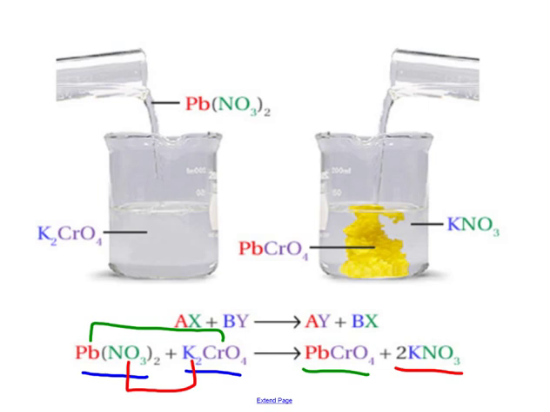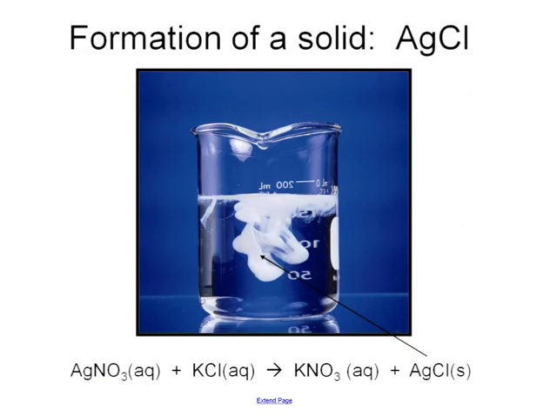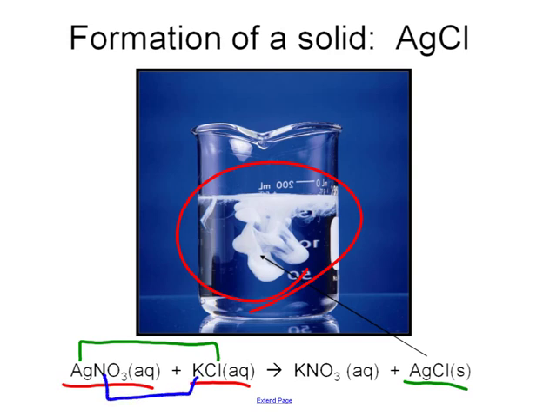In this case, we can clearly see a bright yellow precipitate, nice and poisonous as well, but it satisfies the fact that this was indeed double displacement. We see a very pronounced white precipitate in this particular reaction when silver nitrate reacted with potassium chloride. So again, we formed silver chloride, and then we formed potassium nitrate.